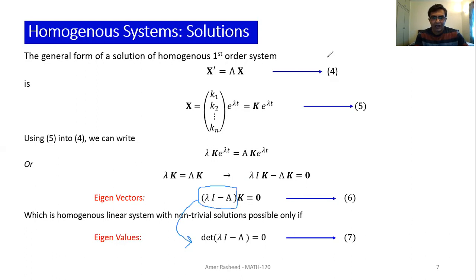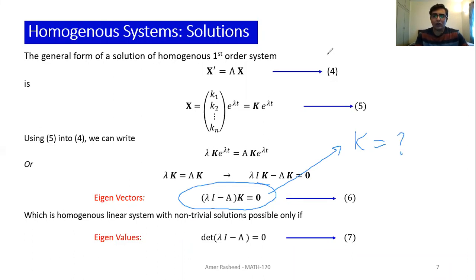Now, whenever we insert this solution into the homogeneous linear system, we obtain a homogeneous linear system of this kind, and from it we can find k.